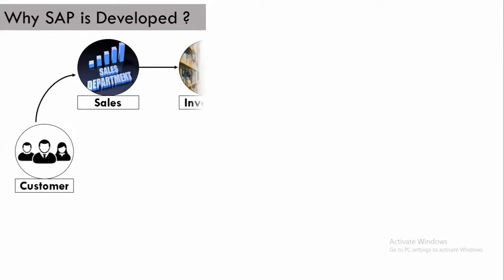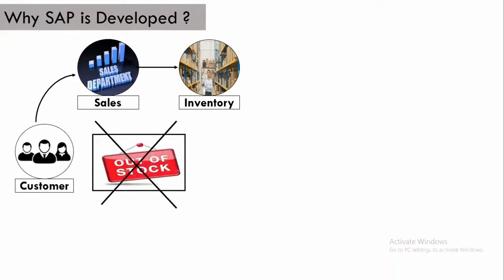Then, in a decentralized process, the sales team will check with the inventory team. Is this car available? Is this model available in our industry, on our shop floor? Then they will tell you, sir, this is out of stock.